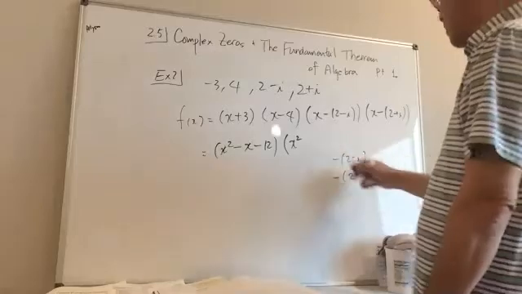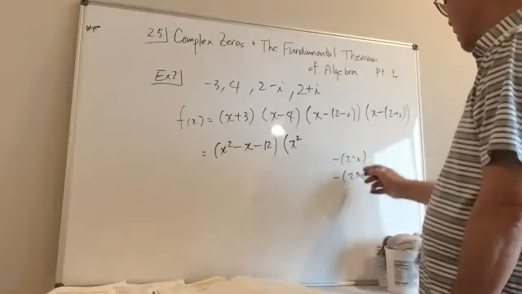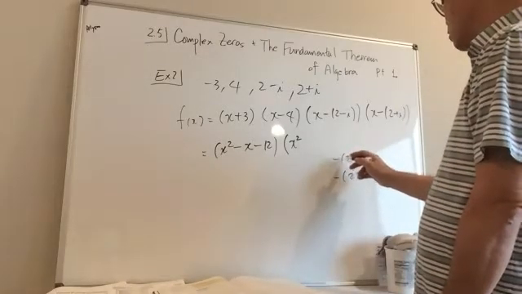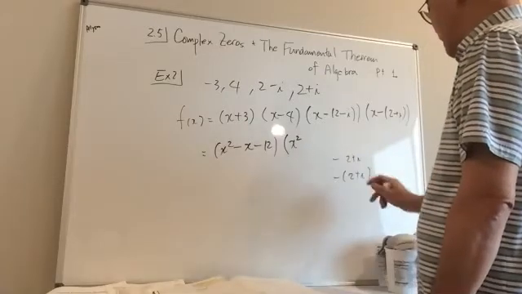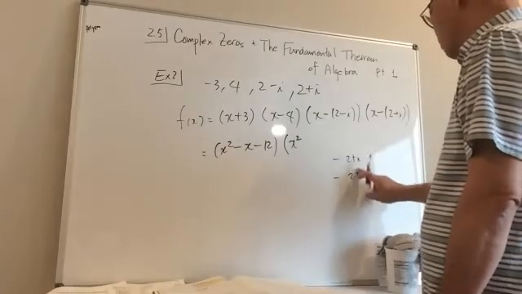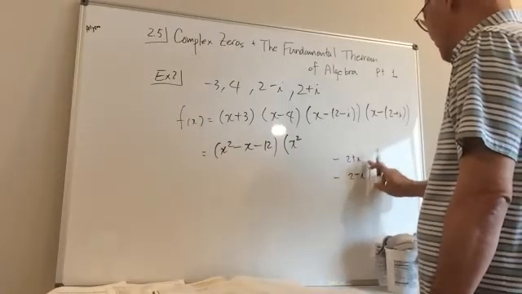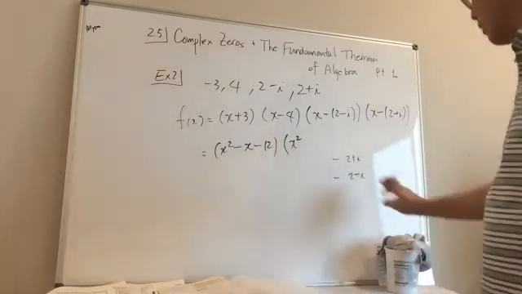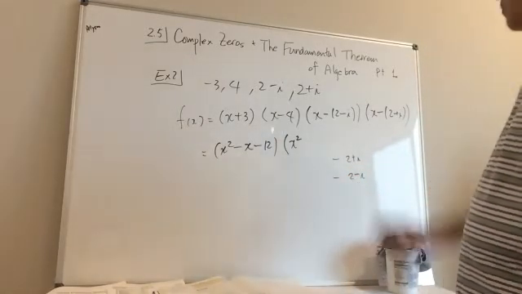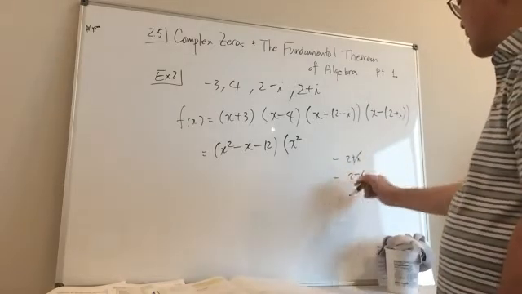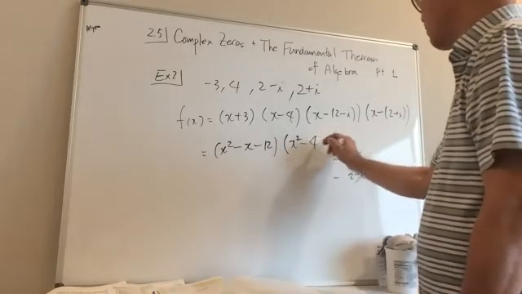If I add these two together, I get minus 2 plus i minus 2 minus i, if I propagate the negatives through. So if I add these two together, the i's cancel out, and I end up with minus 4x.